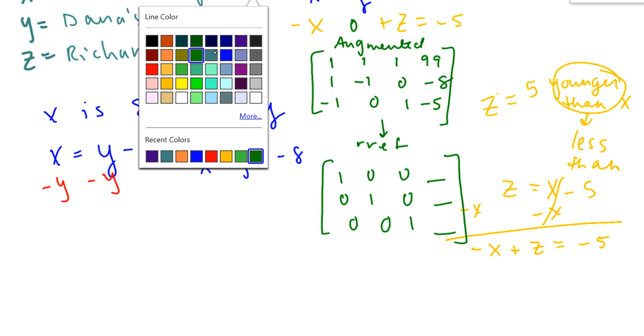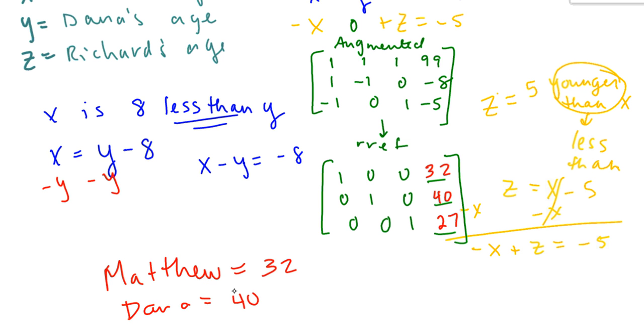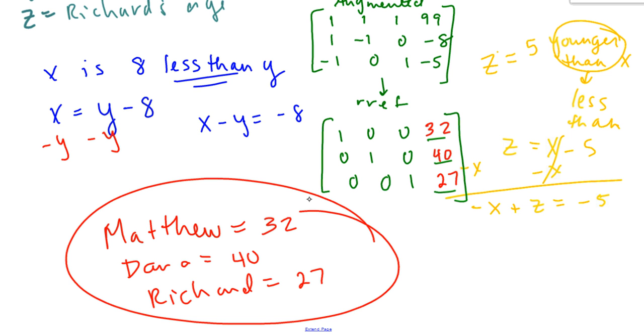So Matthew is 32, Dana is 40, and Richard, the baby, is 27. Okay, the next one.